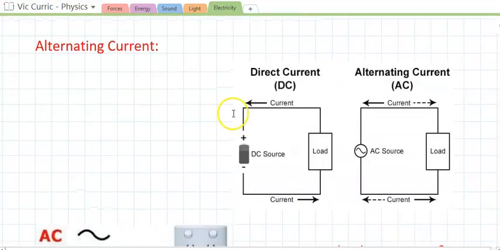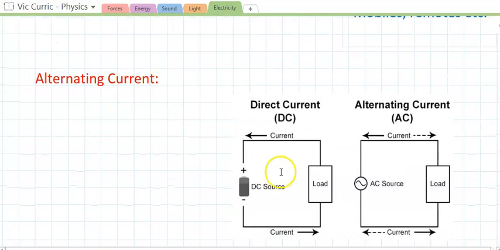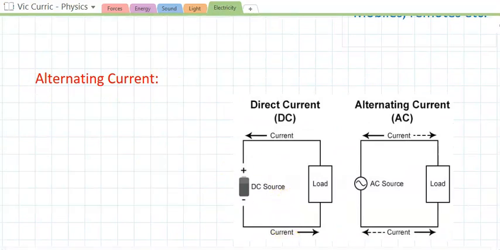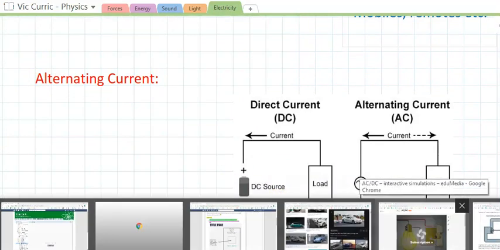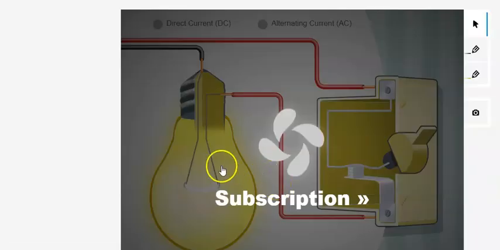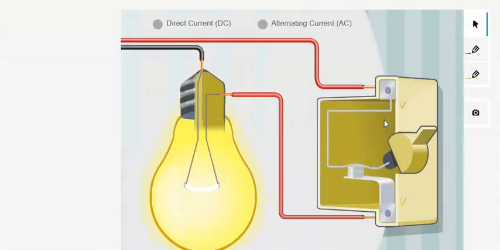But the other type of power is called alternating current. We're going to look at a simulation first to picture what alternating current looks like. Here we've got a light switch going up to a globe. Let's look at the electrons in direct current first.